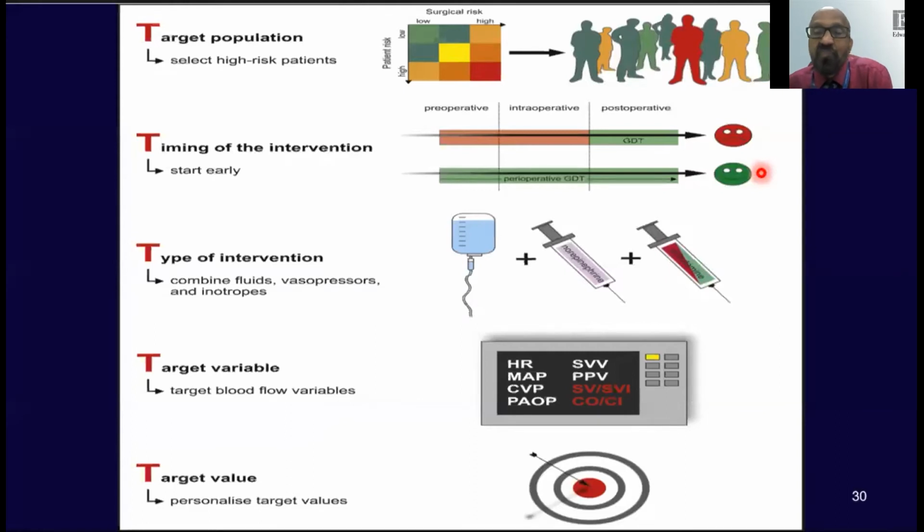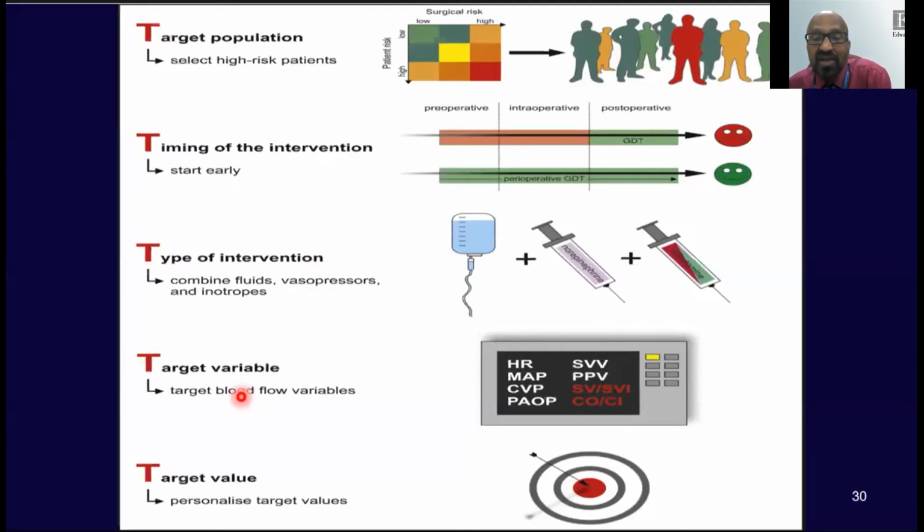The 5Ts of perioperative goal-directed hemodynamic therapy include the selection of high-risk patients who are the target population, and the timing of intervention, which should be early rather than late. And the type of intervention must be identified; usually it is a combination of intravenous fluids, vasopressors, and inotropes to be able to achieve a target.